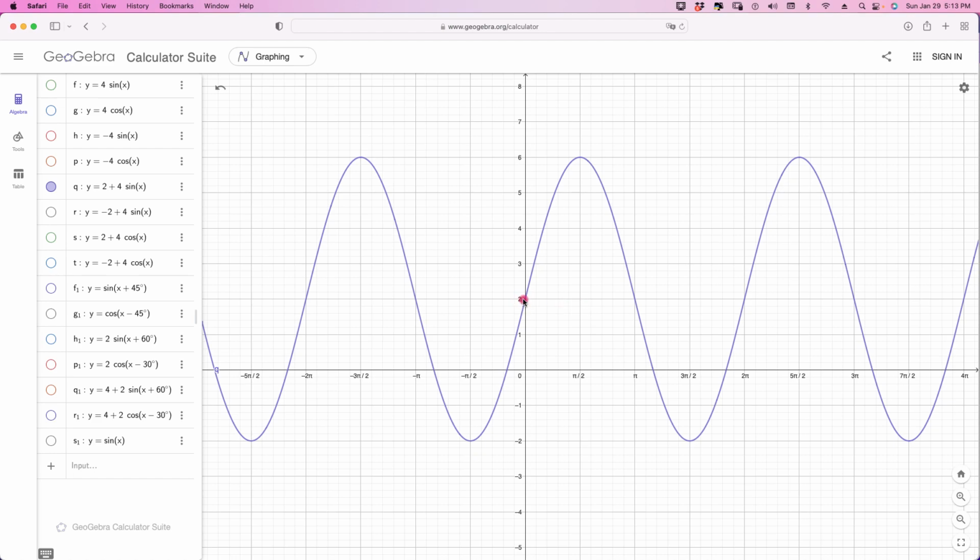So it crosses at the origin, which is the 2 on the y-axis, and it goes up 4 spaces, and then it comes back, crosses the axis, and it comes down 4 spaces. So it goes between 6 and -2 with a midline of +2. So that is the illustration of the translation up or down the y-axis.